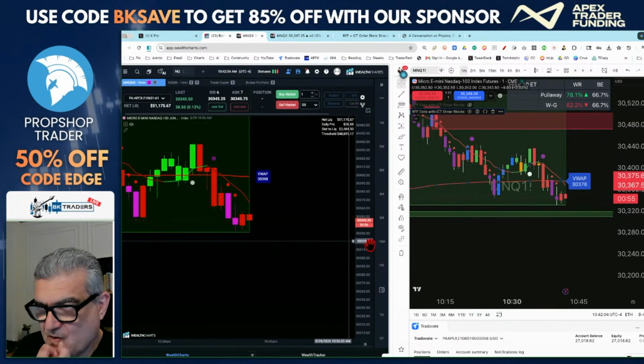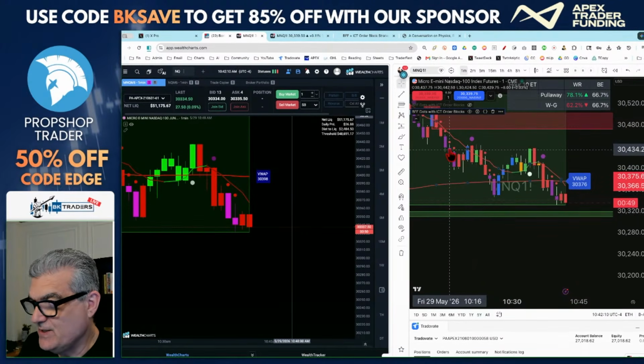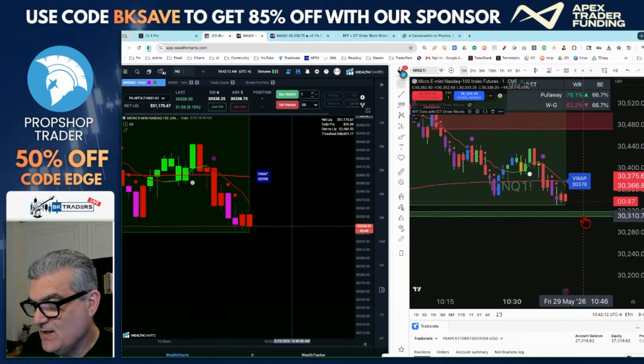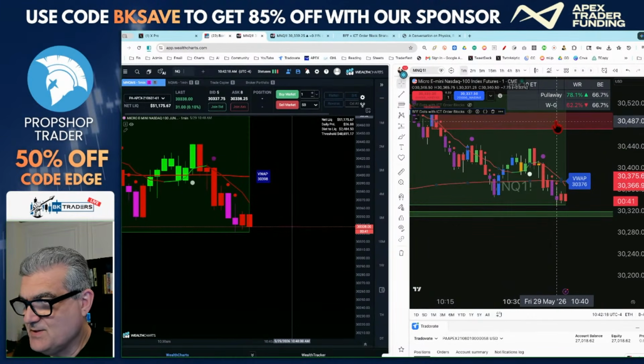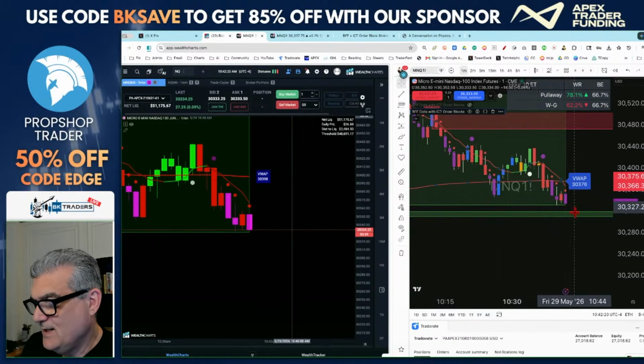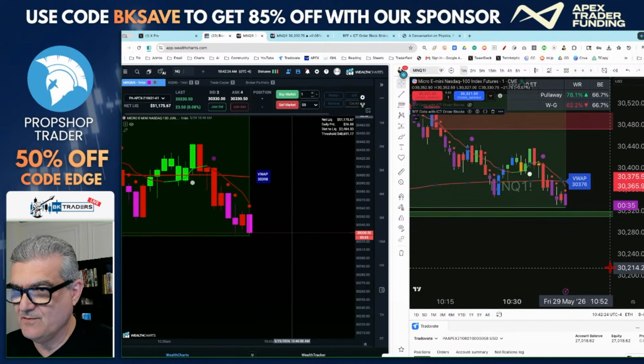If you're a long-term holder, you're holding against this sell block. You may have been short here, patiently waiting, using the sell block as your stop, just waiting to milk it all the way down. And you're probably going to be very well rewarded for that.